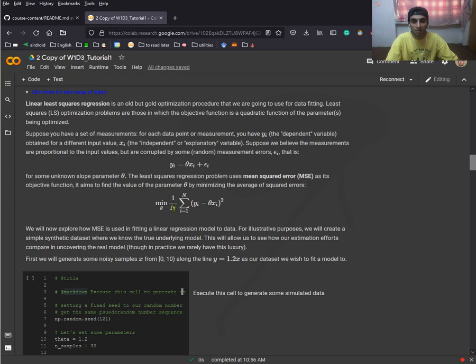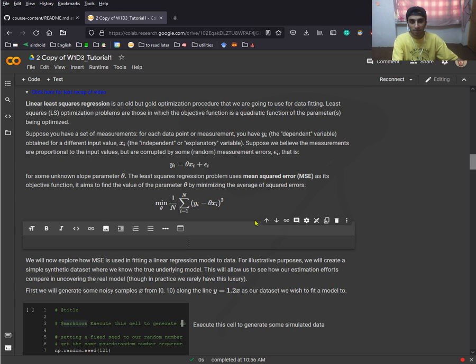Okay, you can see the MSE equation here: 1 divided by n times the sum of true values minus predicted values to the power of 2. This is MSE, and this is the error term, right? So you may ask, what is this one?